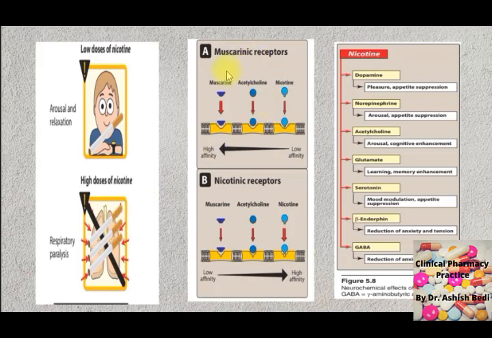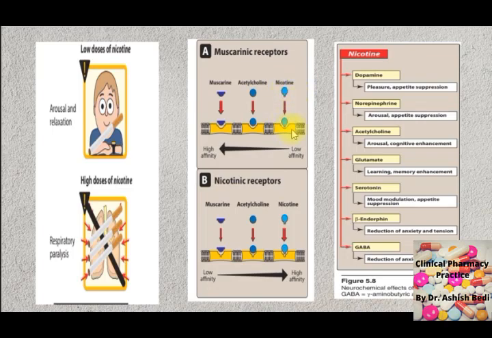Here is the presentation of the muscarinic receptor and its affinity, and the nicotinic receptor and its affinity, according to the neurotransmitter. The muscarinic receptor has the highest affinity for muscarine, medium affinity for acetylcholine, and the least affinity for nicotine. However, nicotine also acts on the muscarinic receptor.